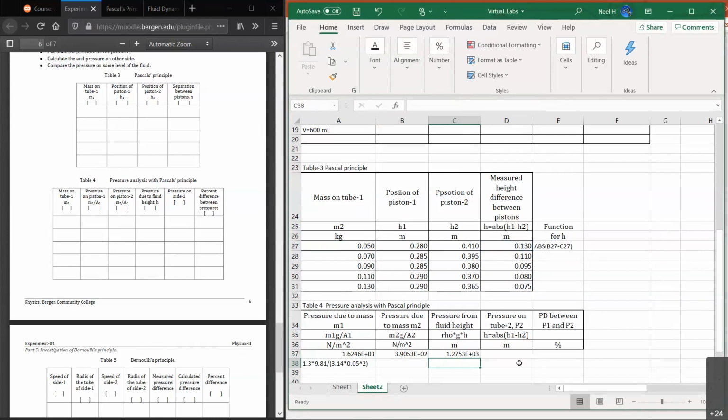Okay, good. Question? That is pi, because A is pi r squared, right?